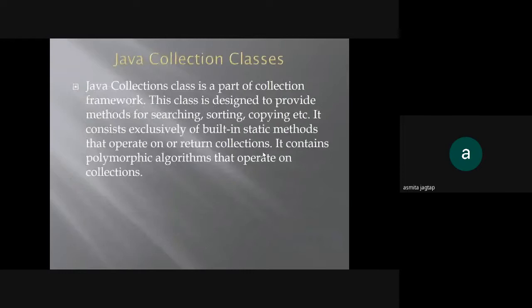Then the Java Collections class is a part of your collection framework. I already discussed Collection with and without the S. This Collections class is designed to provide methods for searching, sorting, copying. It consists exclusively of built-in static methods that operate on or return collections.